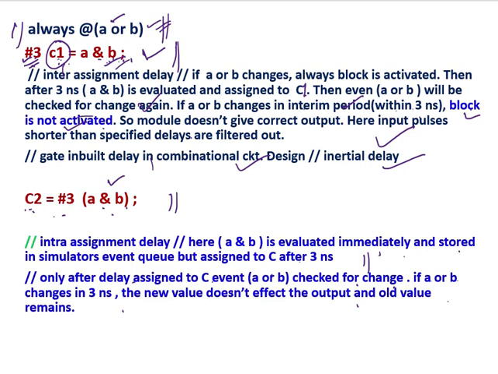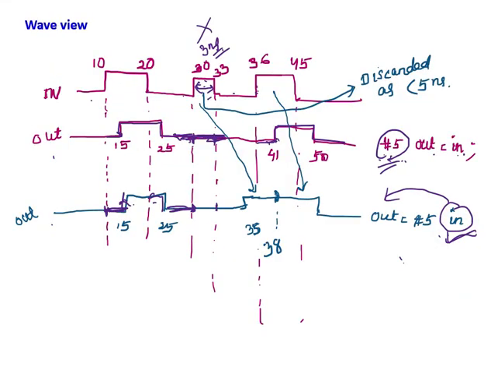If A or B changes within 3 nanosecond, the new value doesn't affect. The old value remains.